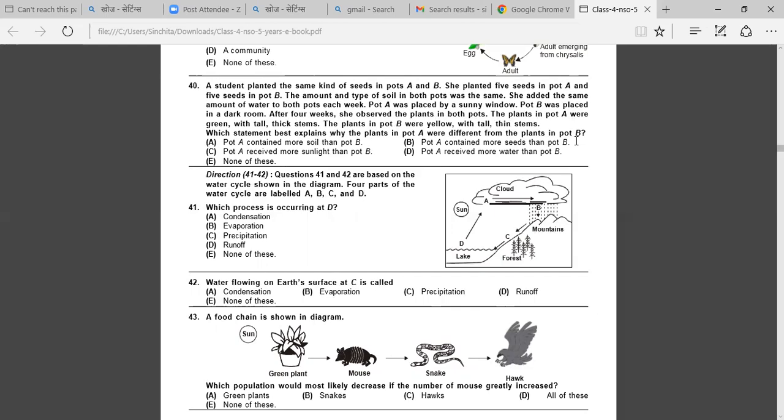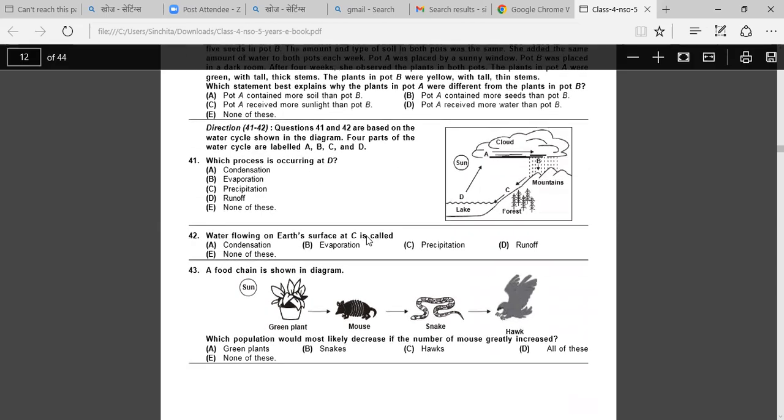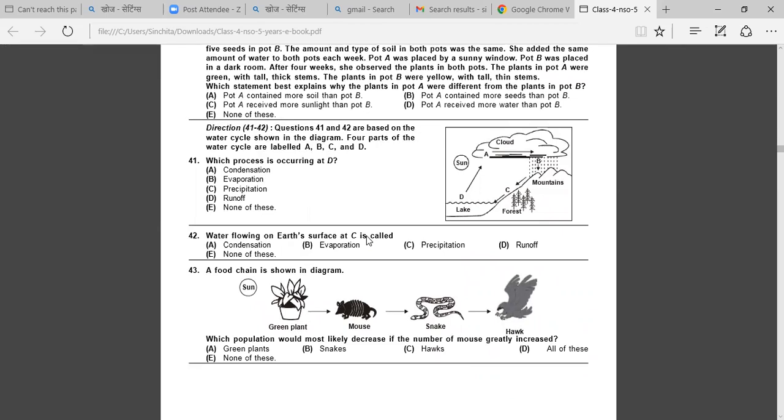The correct answer will be pot A received more sunlight than pot B, because pot A was placed by a sunny window, whereas pot B was placed in a dark room. We all know sunlight is required for photosynthesis, a process by which plants make their own food.